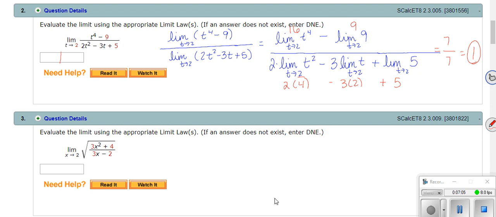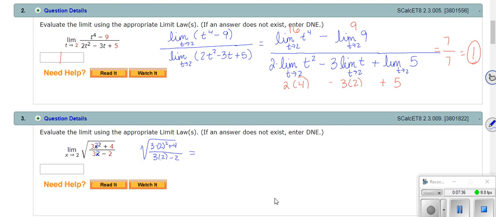Okay, so the limit of all of that is just 1. Essentially, I wanted to show you what they're doing here with all the limit laws, but let's cut to the chase for the next one. What we're essentially doing is plugging a 2 in. If you look down here at number 3, we are plugging a 2 in place of both of the x's. So this is essentially the square root of 3 times 2 squared plus 4 over 3 times 2 minus 2.